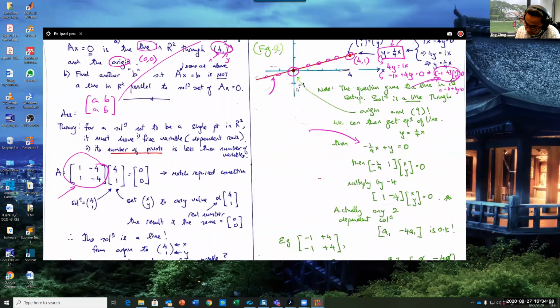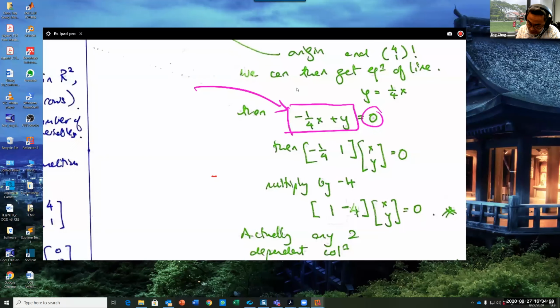Well, we know that this is our equation. Minus 1/4 x plus y is equal to 0. Let us find another x. And in fact, if we say let x equal 2, then minus 1/4 times 2 plus some unknown y is equal to 0, and y is then half. So when x is equal to 2, y is equal to half.